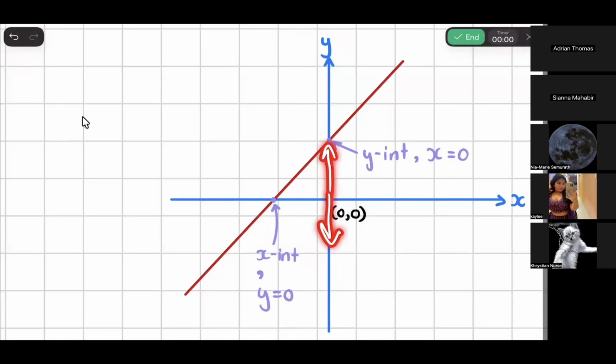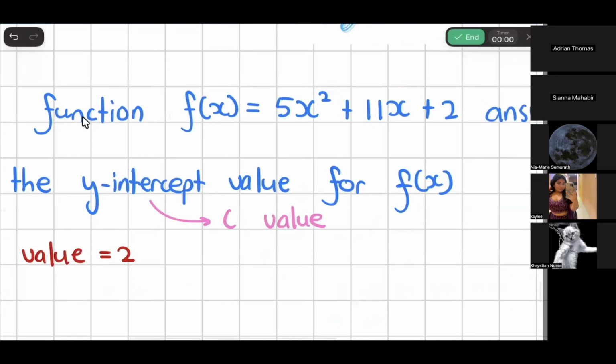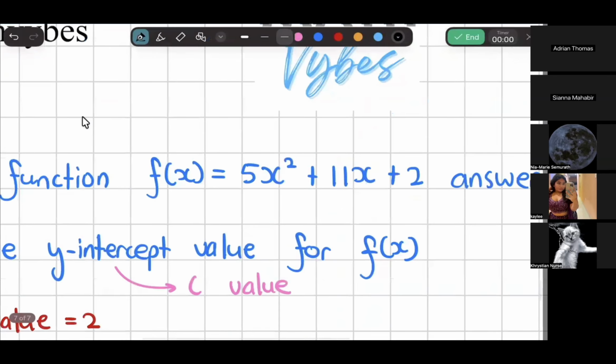No. So if you're not moving horizontally, then your horizontal movement is what? 0. Exactly. So at the y-intercept, you're somewhere along the y-axis, which means you're only moving up or down. So your horizontal movement, which is your x value, is 0. So at the y-intercept, we know that the x value is 0.